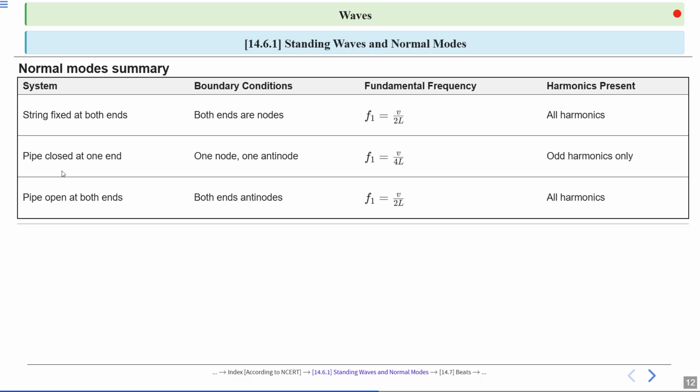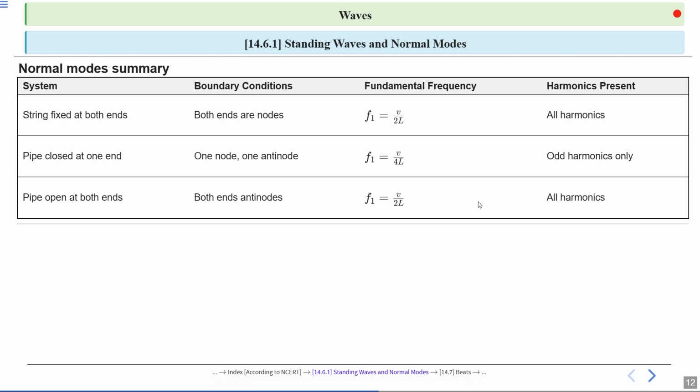Similarly, pipe closed at one end. Boundary conditions, one node, one antinode. Fundamental frequency f1 equal to v divided by 4l. Odd harmonics only. Pipe open at both ends: antinodes. f1 equal to v divided by 2l. All harmonics.